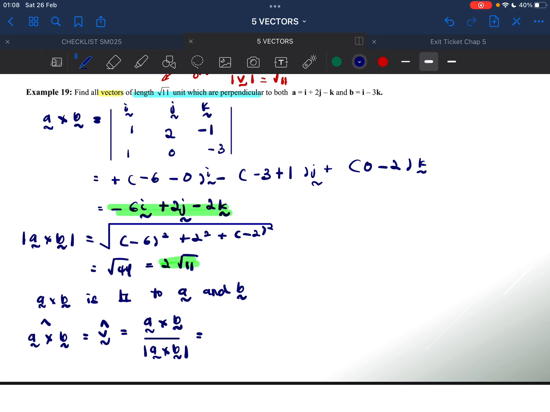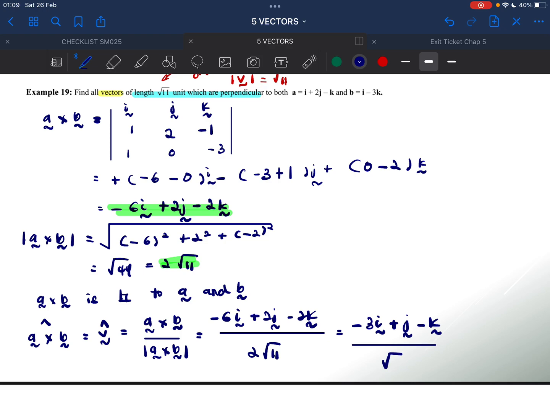So vector over magnitude, you should get negative 6i plus 2j minus 2k over the magnitude, which is 2 square root 11. We can also simplify by canceling out the 2. So you should get negative 3i plus j minus k over square root 11.